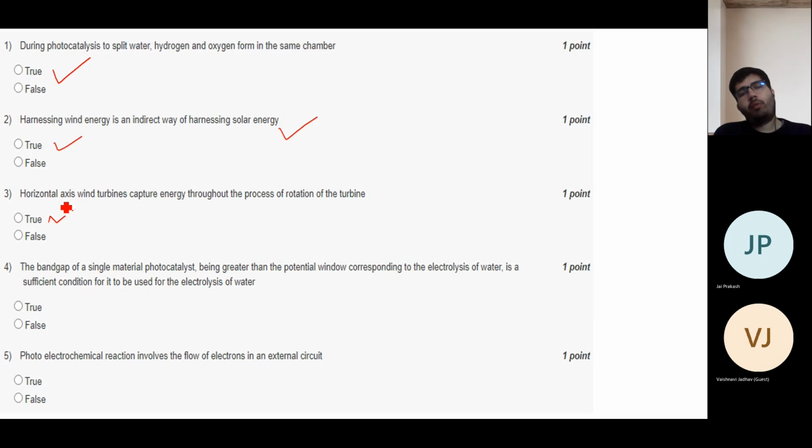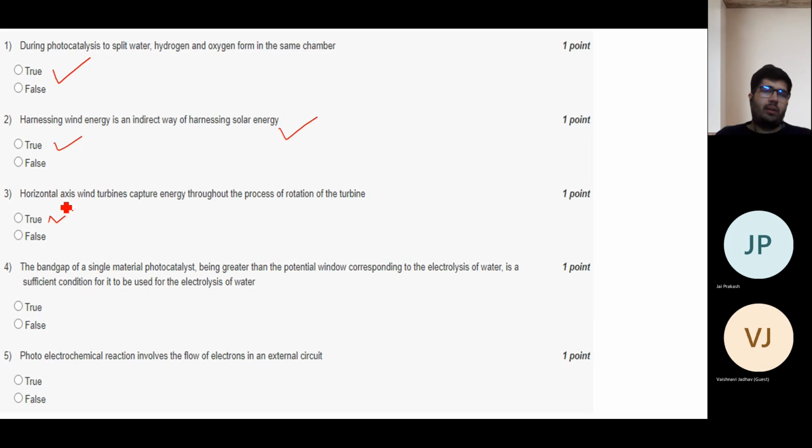And the position of the band gap is also required, because we have seen the references. The reference for the potential for the water splitting and the band gap values should be in line. The valence band and the conduction band should be in line with the potential of the reactions.